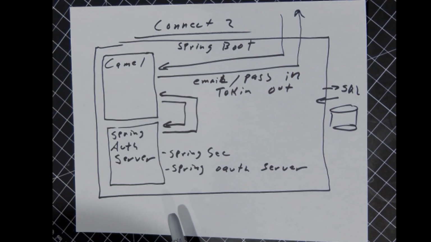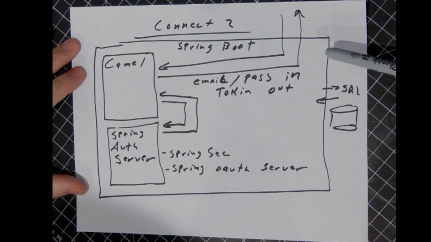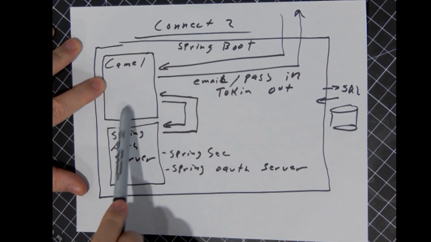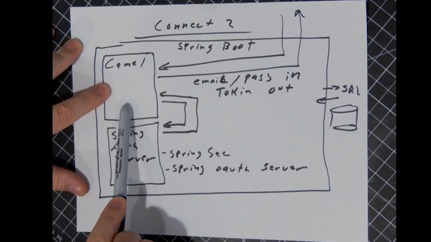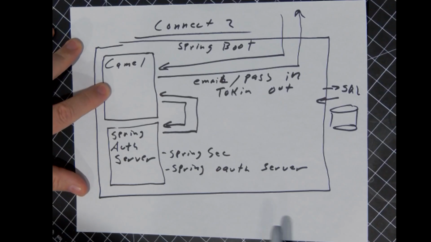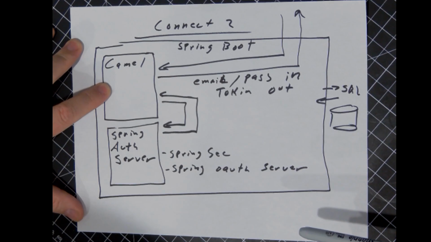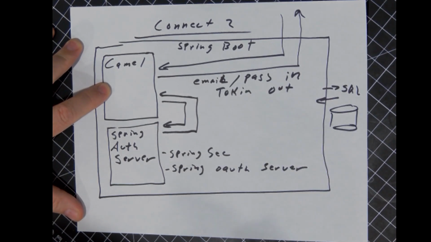So if we look at Connect 2, everything in the big box is a Spring Boot application, which is what our application is. We refer to it as Camel because the main library that we use inside of Spring Boot is Camel. We started out using Camel on JBoss, but we've moved to Spring Boot, and it's a good thing that we did. Things are a lot better now because Spring brings so much to the table.